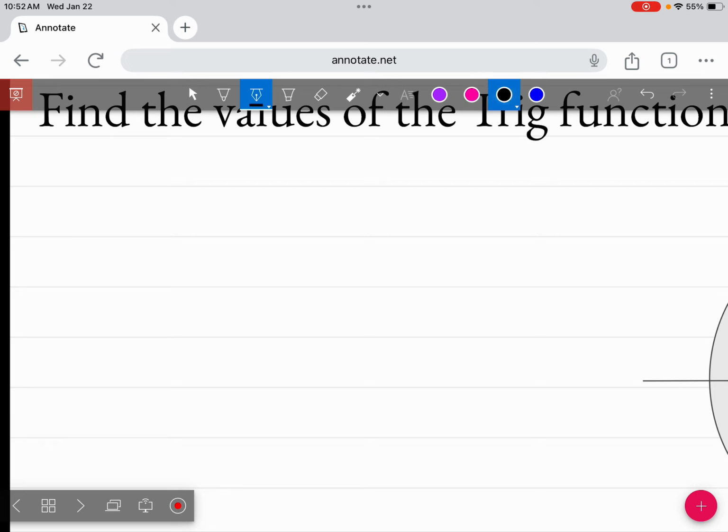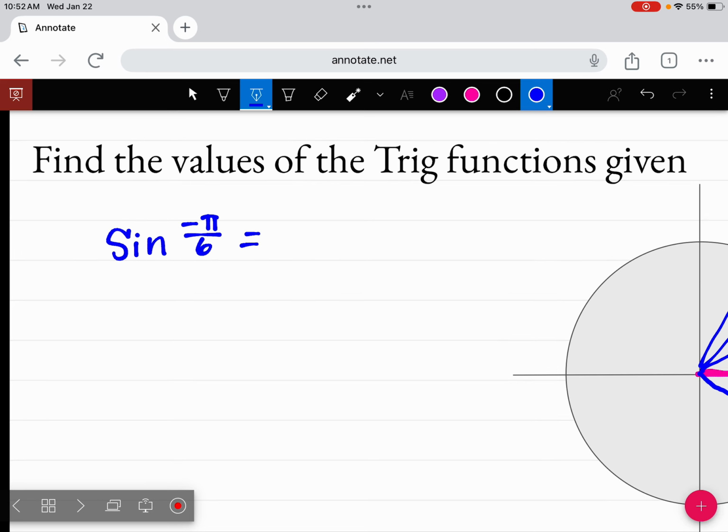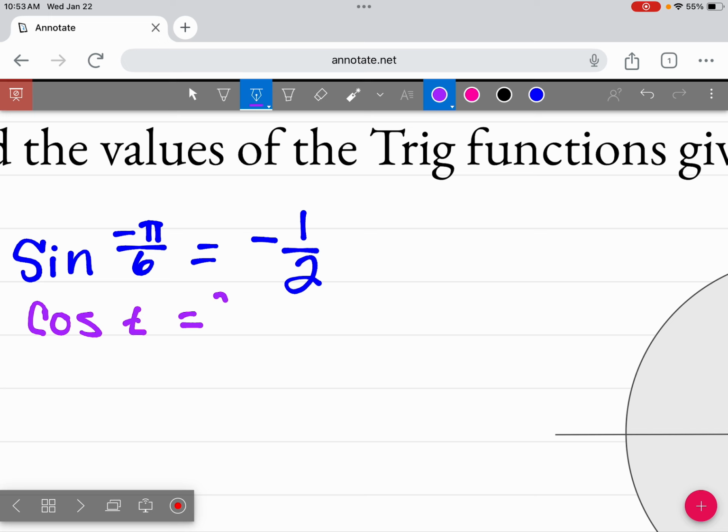So our sine of negative pi over 6, which you can write like this, that's totally fine, is which piece is sine again? Our negative 1/2. Our cosine of t, it's another way we can write it, means the same thing. What's our cosine? Square root of 3 over 2.